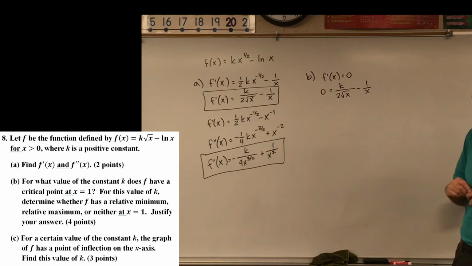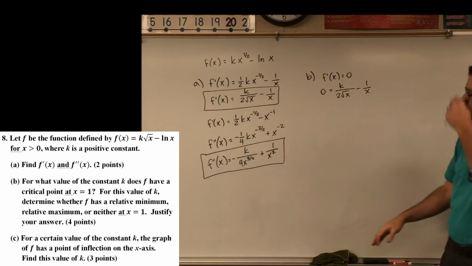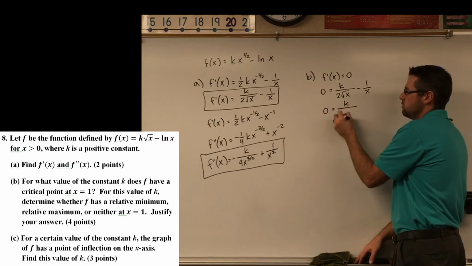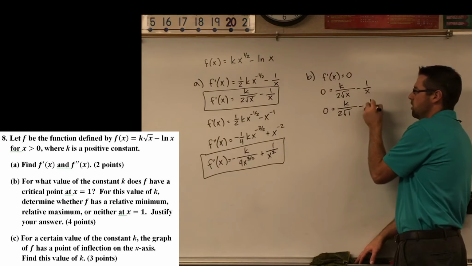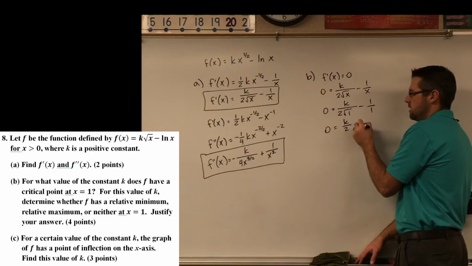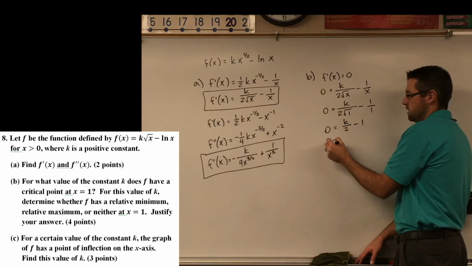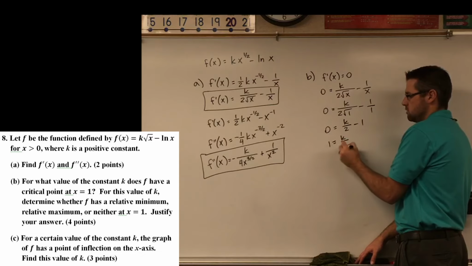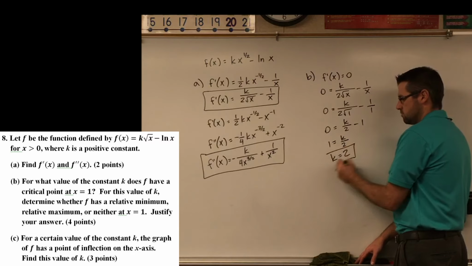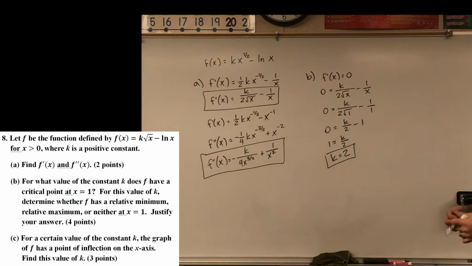So plug in 1 to x. 0 equals k over 2 rad 1 minus 1 over 1. Well, that's nice. 0 equals k over 2 minus 1. So 1 equals k over 2. So k equals 2.